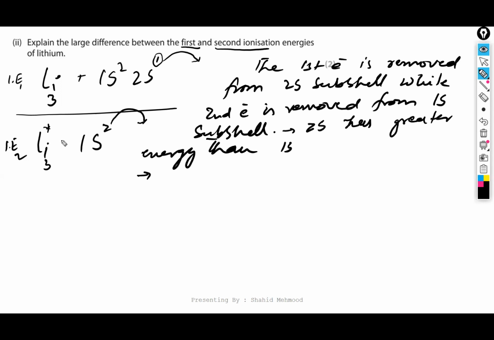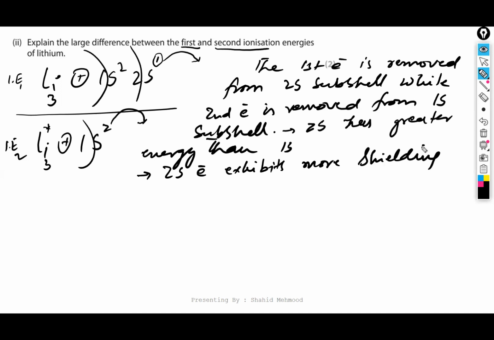Secondly, you can say if there is a nucleus, look at here, the 2s electron exhibits more shielding effect than the 1s electron.